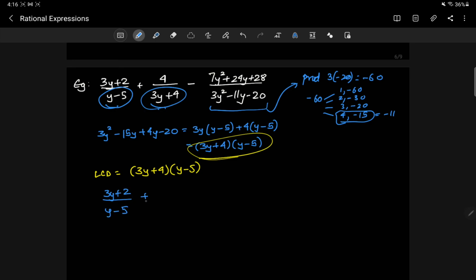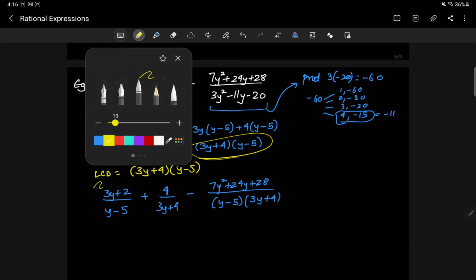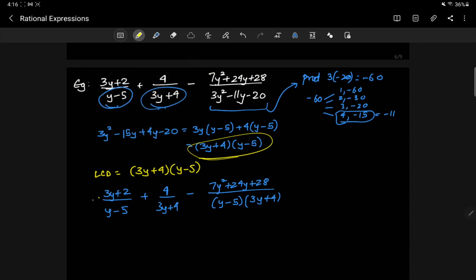Y minus 5 plus 4 over 3y plus 4 minus 7y squared plus 24y plus 28 over, we already factored this, so let me write it in the factored form. Now, in order to make the denominators the same, this is missing a 3y plus 4 and a 3y plus 4. I'm going to cramp for space here, but this is missing a y minus 5 and a y minus 5.